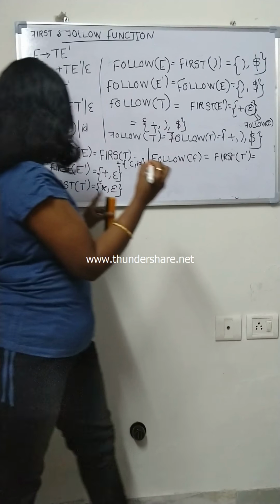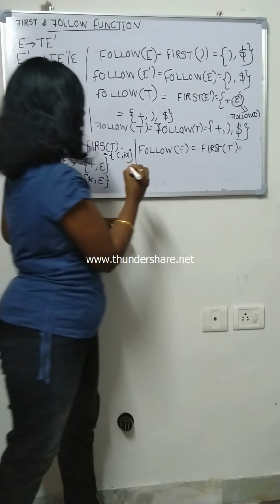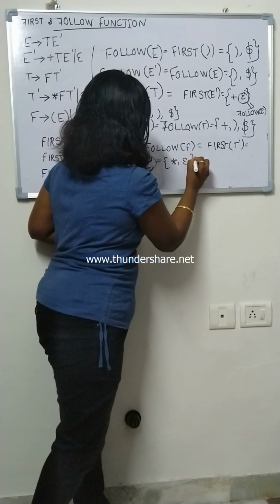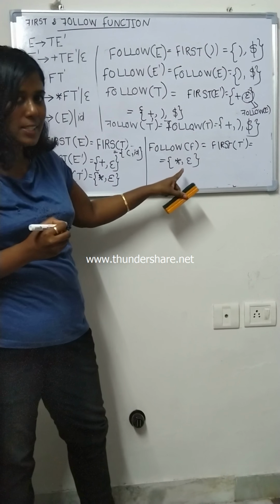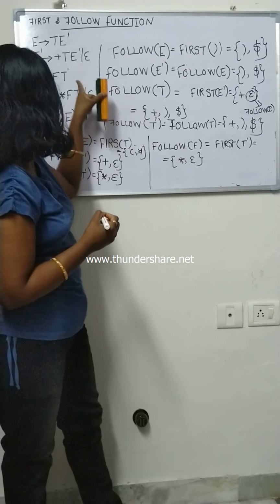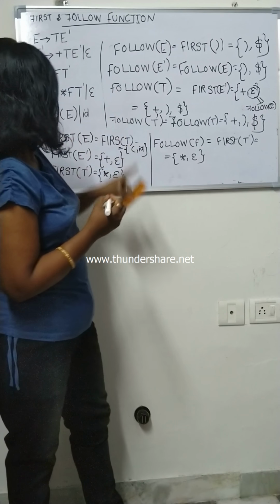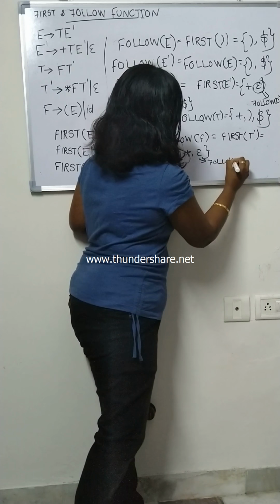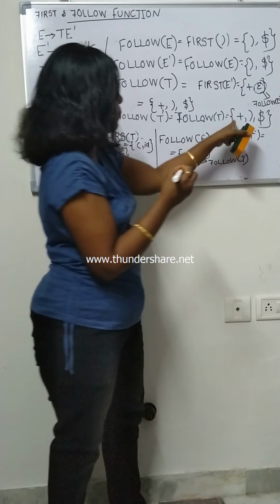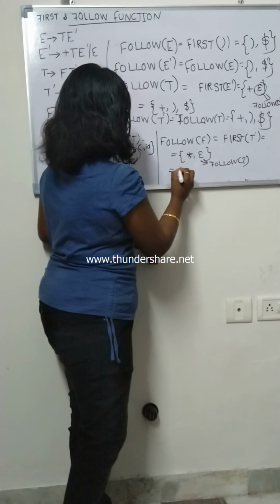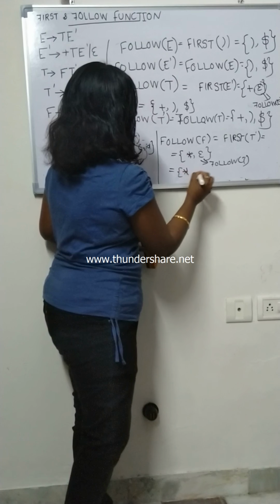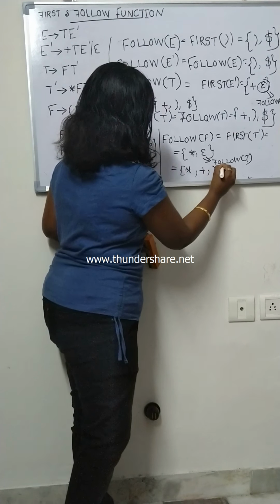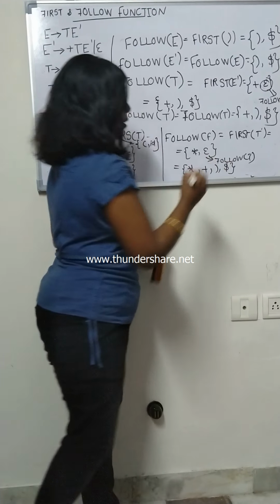We already found first of T dash, that is star and null value. As per rule 3, if there is a null value, then we have to find follow of T. We already found follow of T in the previous step. So here it is star, and follow of T is plus, close parenthesis and dollar.